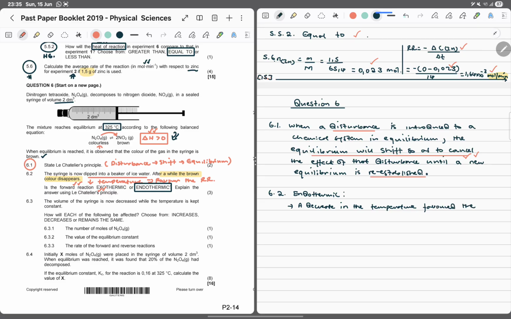This is noted by the disappearance of the brown color of nitrogen dioxide. You can even explain that as seen with the disappearance of the brown color.